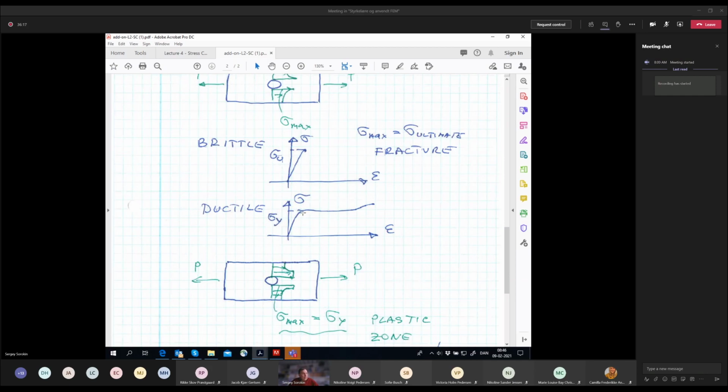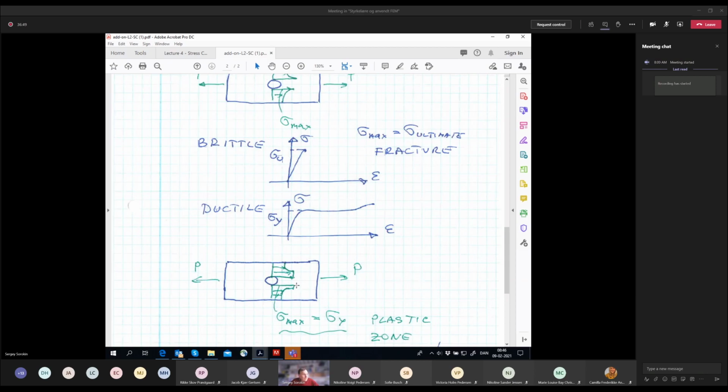But in contrast with the brittle material, there is no fracture, because we may safely keep on increasing this force. Please see, of course, it's not a very nice drawing, but I hope you are able to follow this logic. What happens if you just hit this yield point? Now in this single point you have the stress which equals the yield stress.